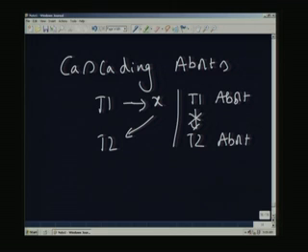Now, a modification to the two phase locking algorithm, taking this into account to avoid cascading aborts, will require that the transactions start acquiring the locks.